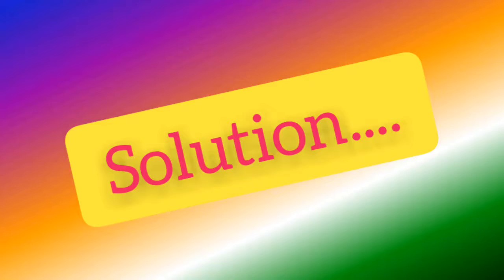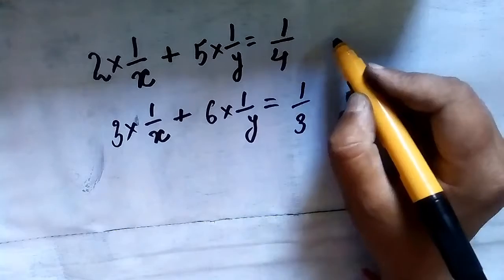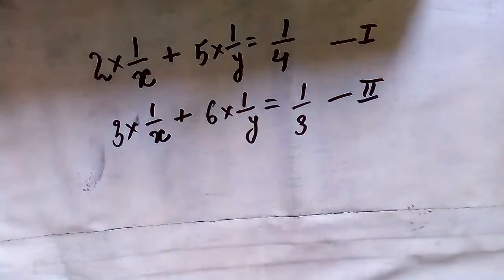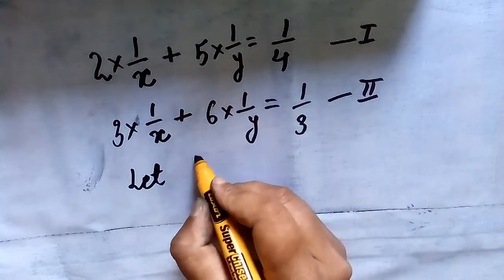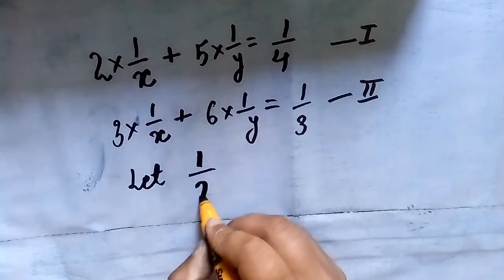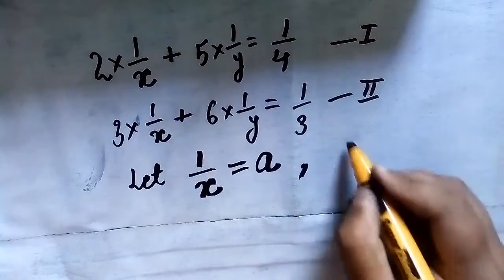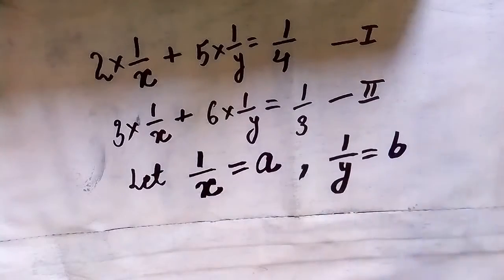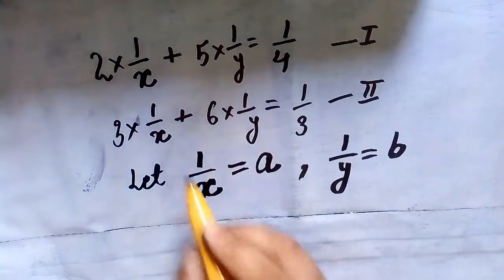Now let us find the solution for both of the equations. Remember, this is the case of equations reducible to a pair of linear equations in two variables. So these are our equation number 1 and equation number 2. Let us reduce them by taking the common terms as other variables. Let 1 upon x equal a and 1 upon y equal b.